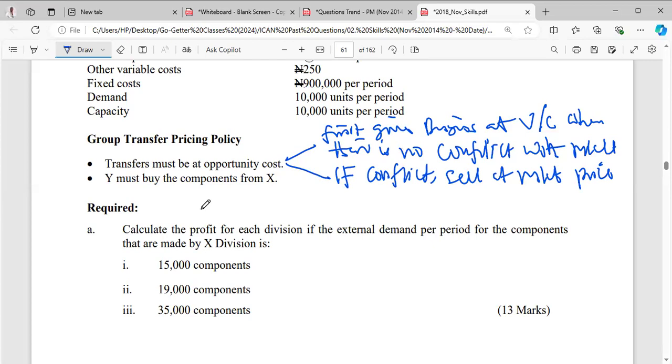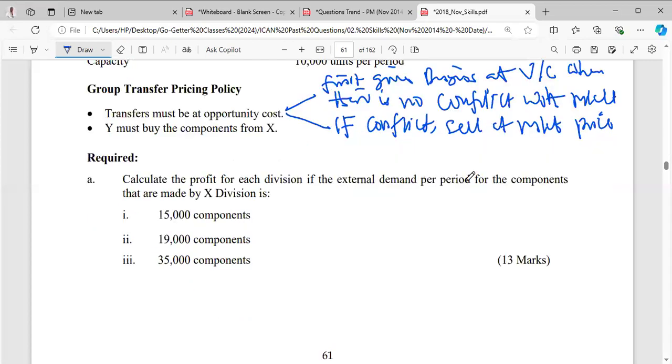Now calculate the profit for each division if the external demand for the component is 1, 2, 3. So now let's look at what we have been given here.